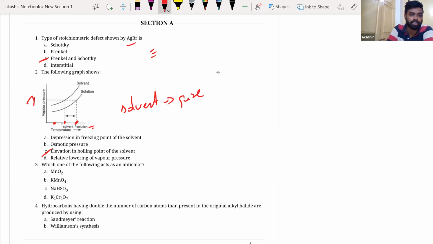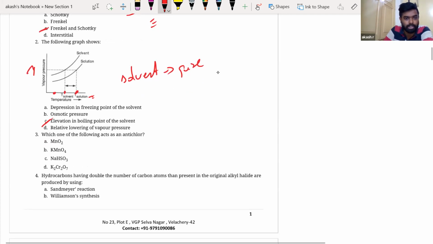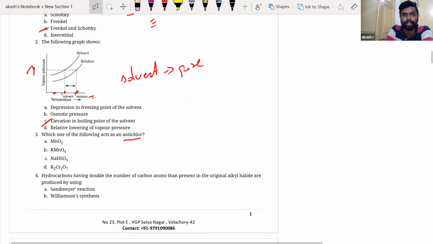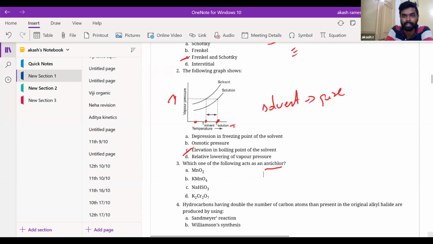Okay. This question, which of the following is used as an antichlor? Anybody has any idea what is the answer? Is it MnO2? Don't know, sir. You don't know? Okay, let us Google it. Even I don't know. See, these kinds of questions, you cannot do anything about it other than just mug it up. Antichlor is what?